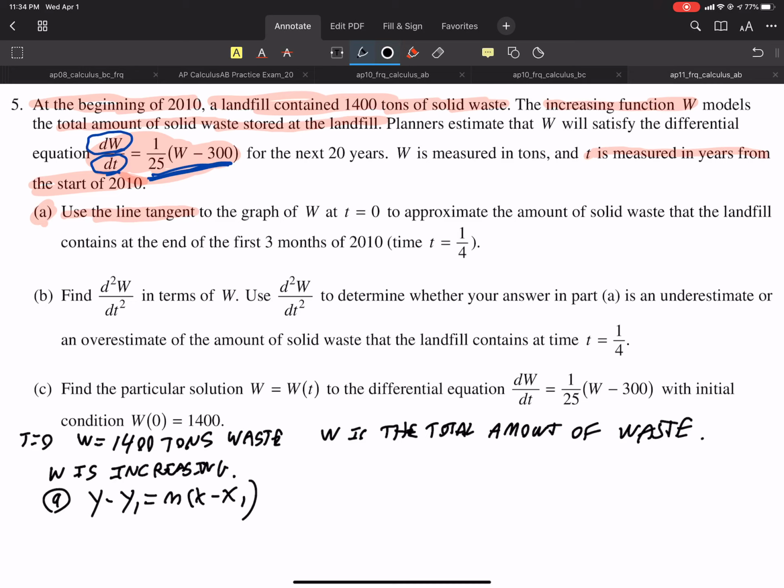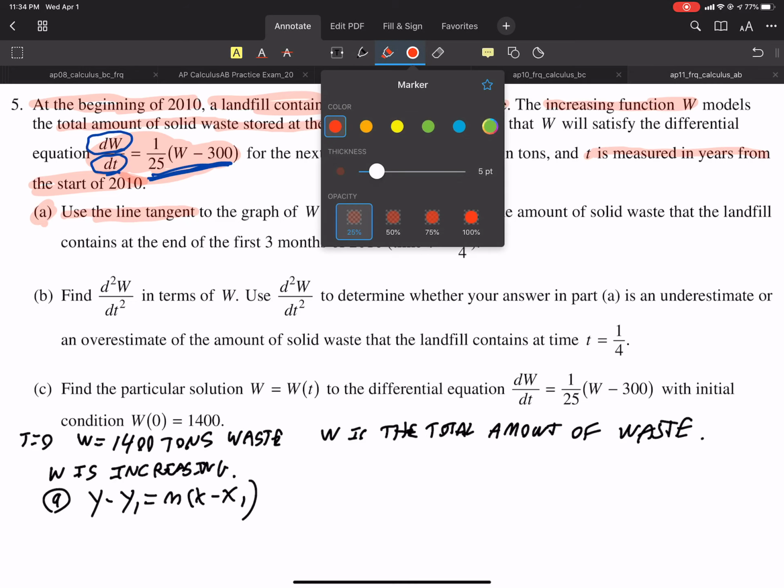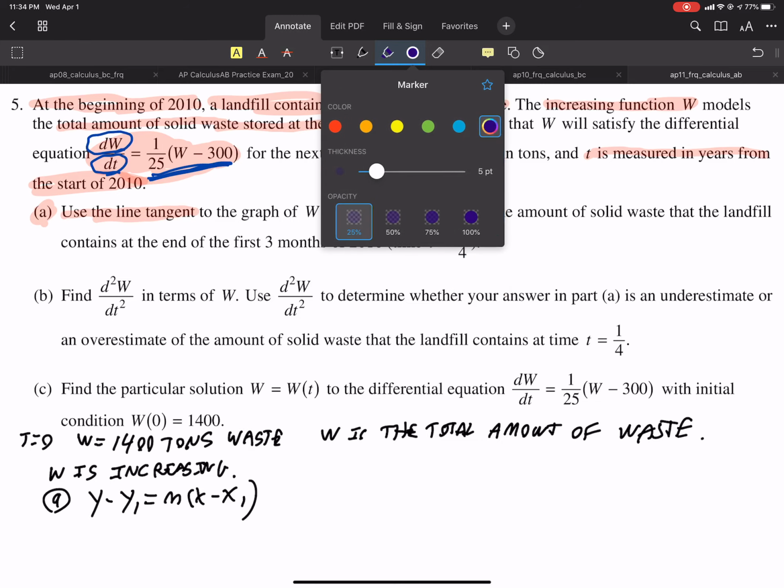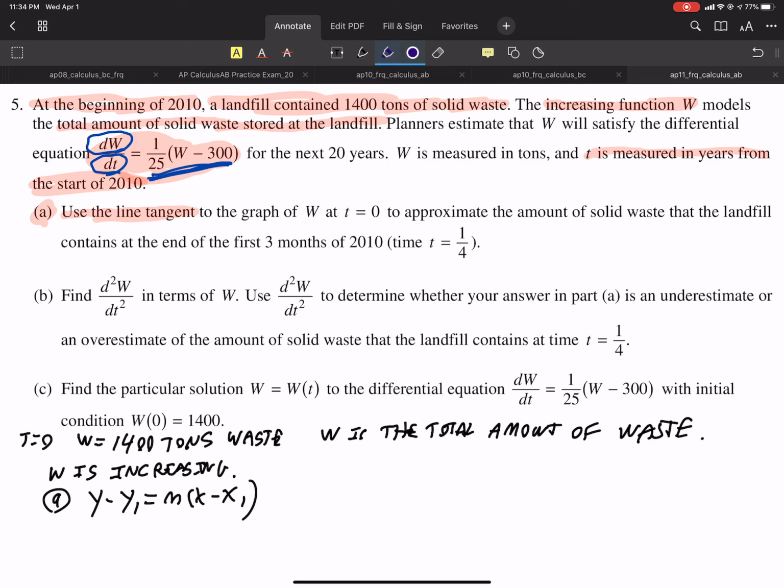Okay, let's look at this. I'm going to change this to a different color, darker blue or purple. W is our function. T is our variable.